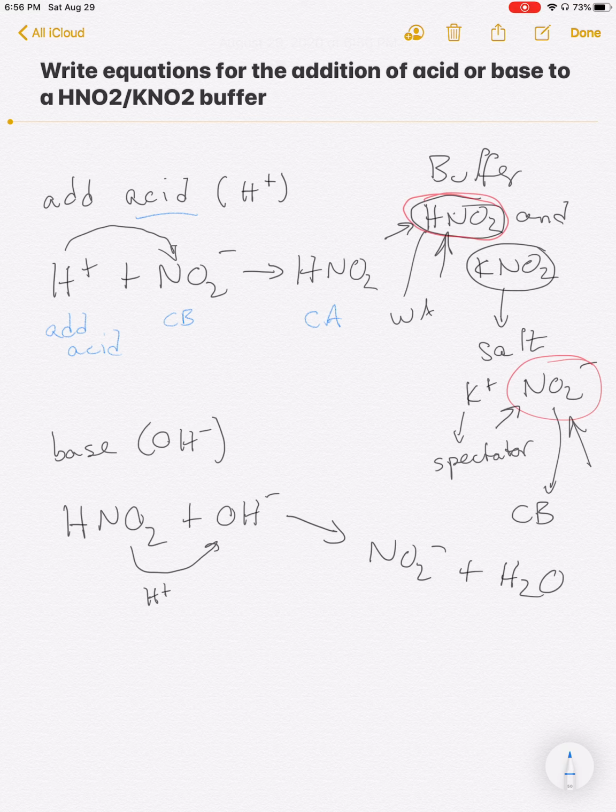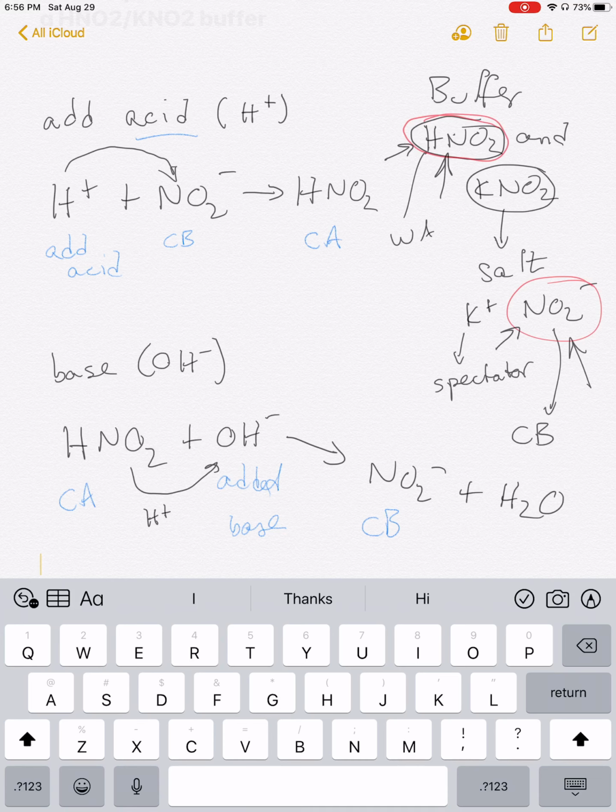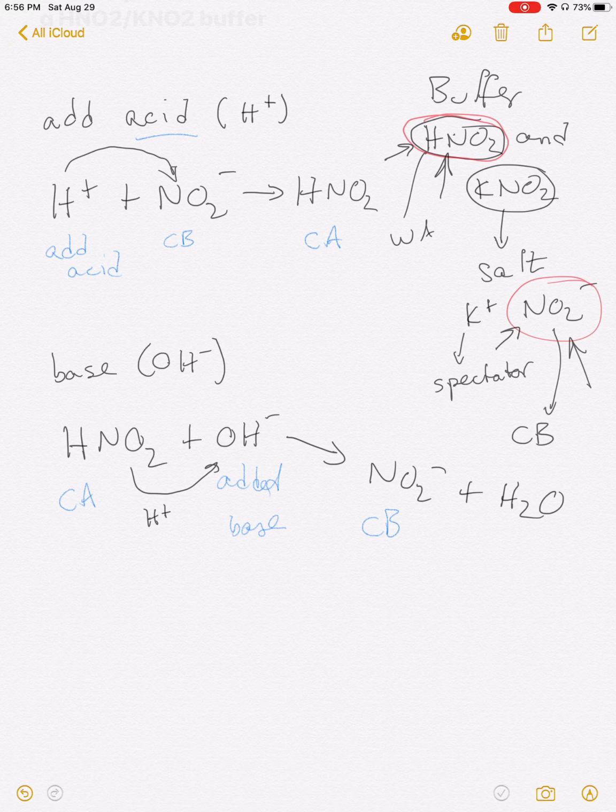Or if we add base to a buffer, it will convert the conjugate acid part of the buffer to the conjugate base part of the buffer. In either case, the added acid is consumed or the added base is consumed. And that's how buffers control change in pH.